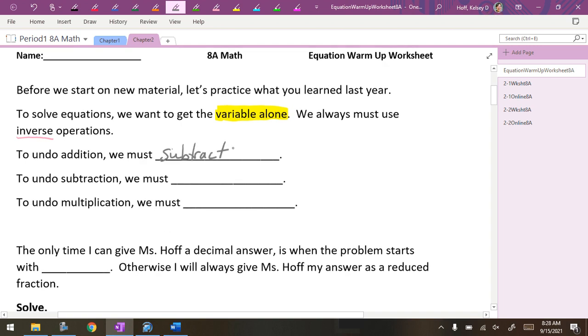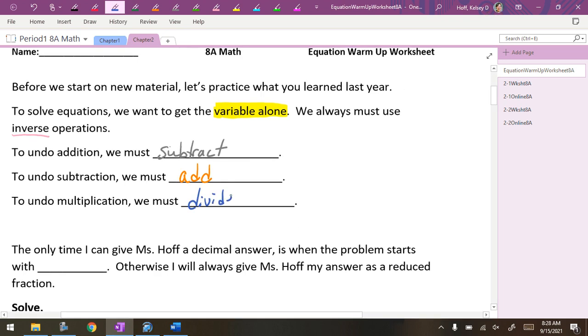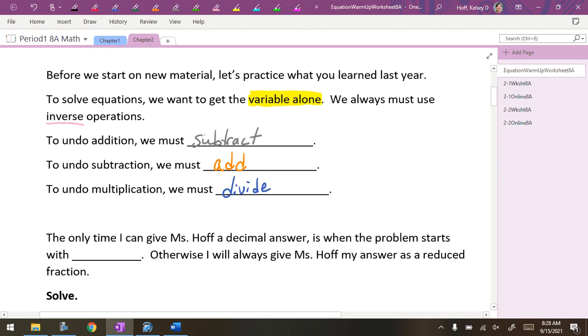To undo addition, we must subtract. To undo subtraction, we must add. And to undo multiplication, divide. We are always looking at the opposites.